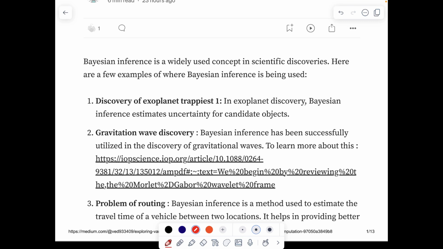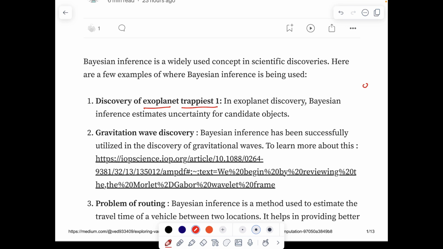Some of the few examples of Bayesian inference: first, it is being used in the discovery of an exoplanet, which is TRAPPIST-1. In this exoplanet discovery, Bayesian inference is used to give an estimate for a candidate object.